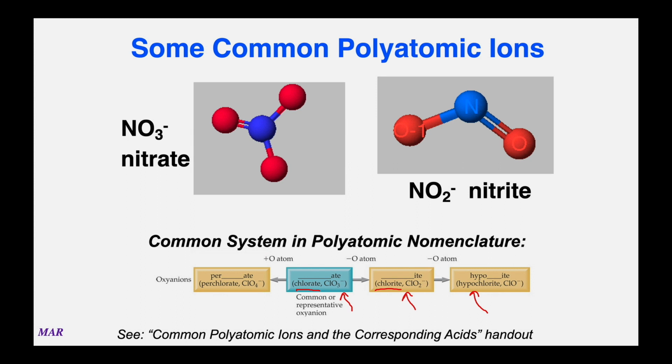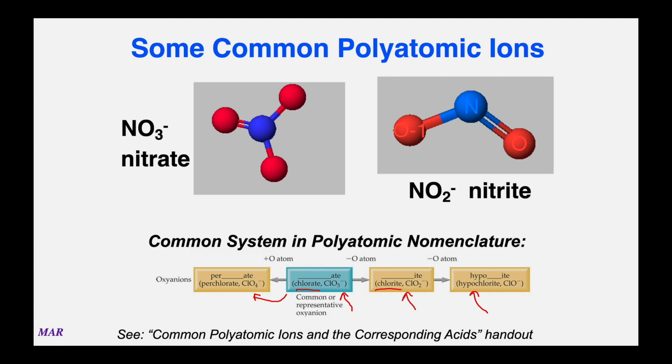You're just going chlorate to chlorite to hypochlorite. And once in a while, you can add 1 more oxygen to the common form. Chlorate plus 1 more oxygen would be ClO4 -1. That still has the chlorate base, but you put a per in front of it. So perchlorate has 1 more oxygen than chlorate, while chlorite has 1 less oxygen, and hypochlorite 2 less oxygen.